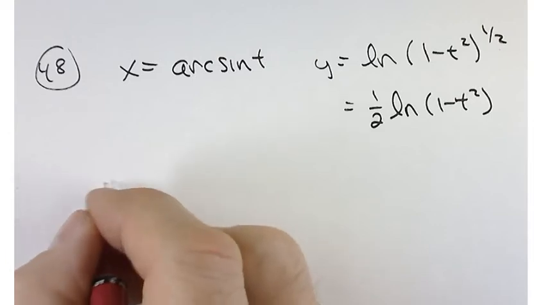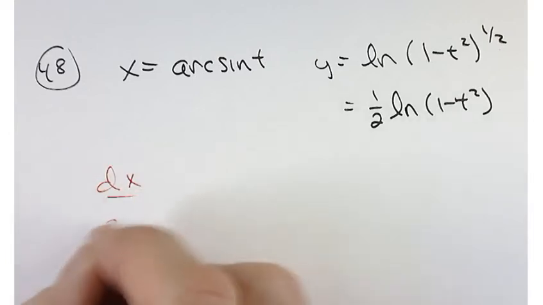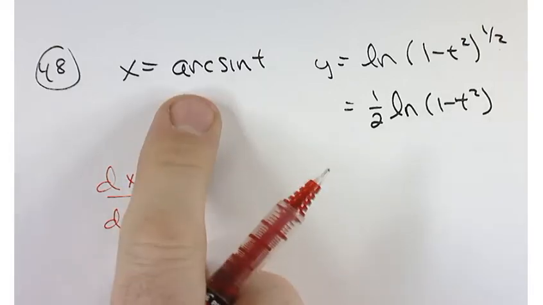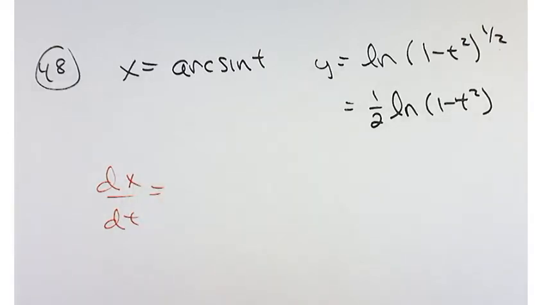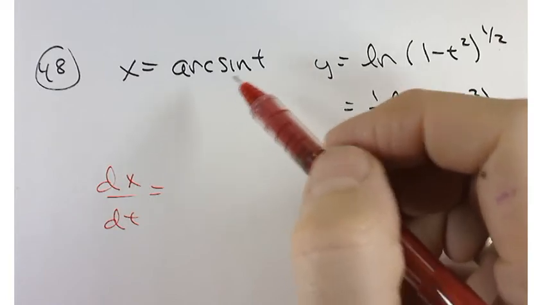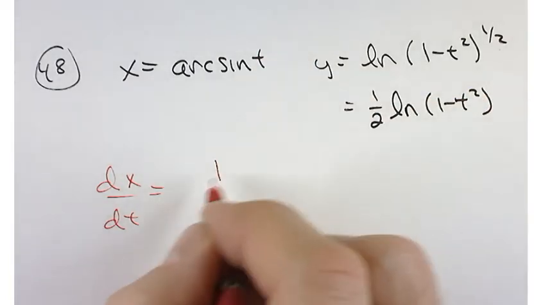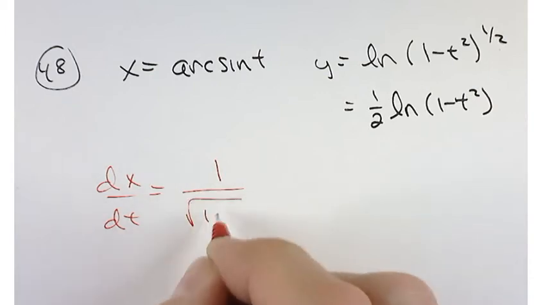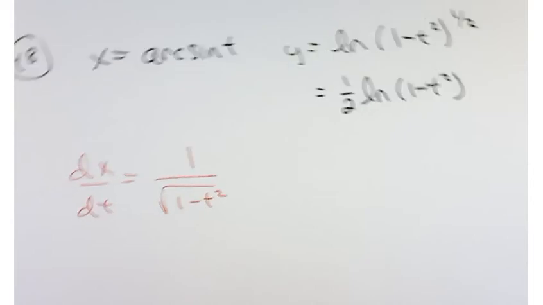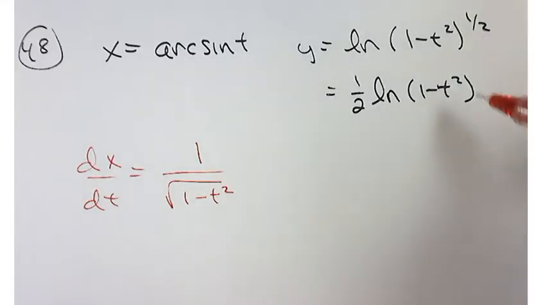Let's find a couple derivatives first. dx by dt is simply going to be the derivative of the arc sine. So probably not a bad time to revisit that, as much as you've got a final exam coming up pretty soon. Who can show off? Derivative of the arc sine. Perfect. 1 over the square root of 1 minus t squared. Good deal. And the derivative of the natural log.